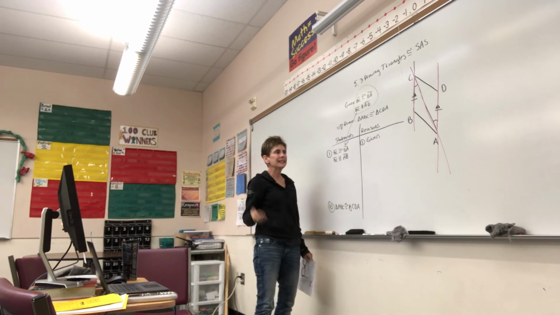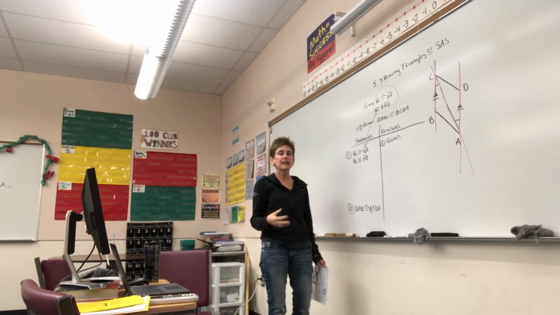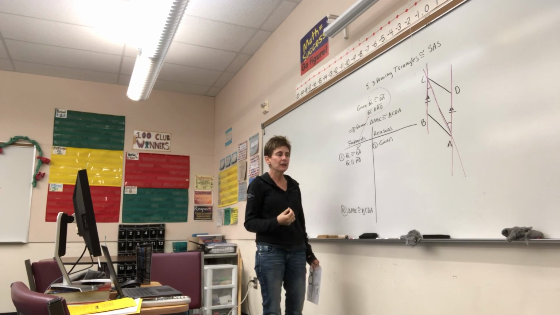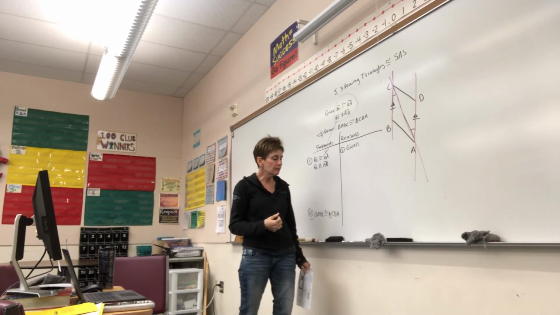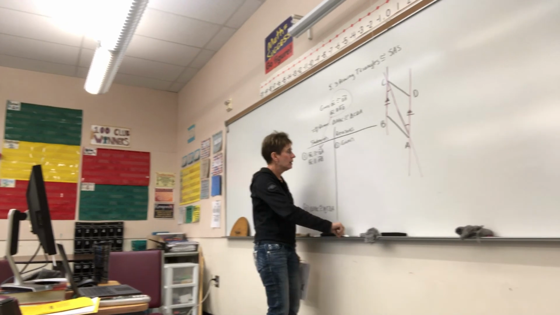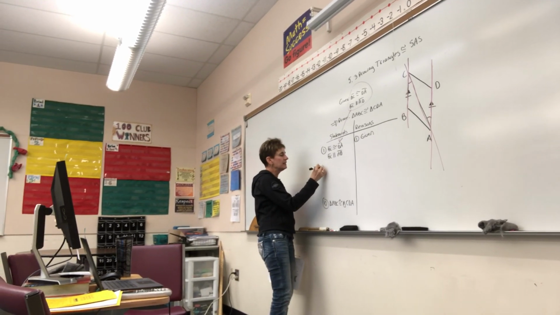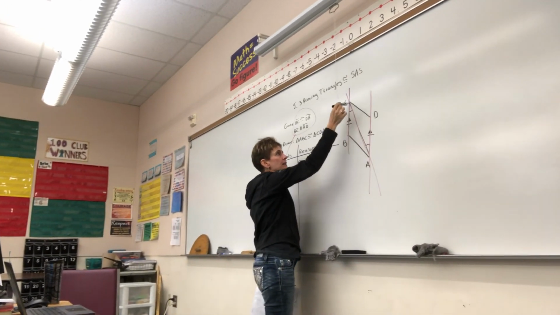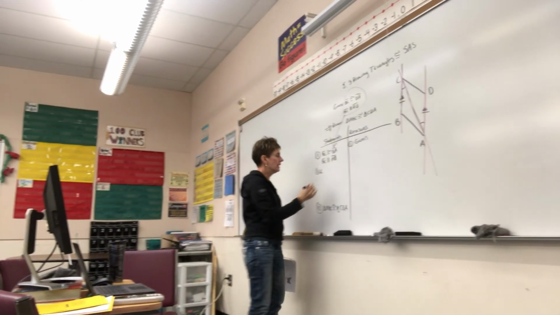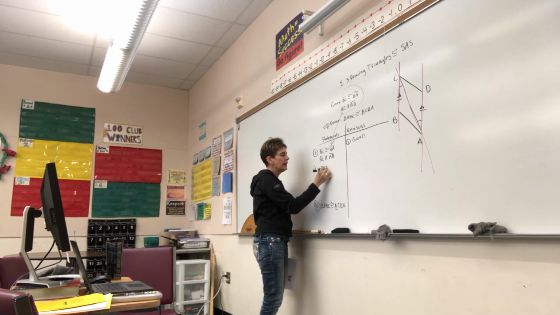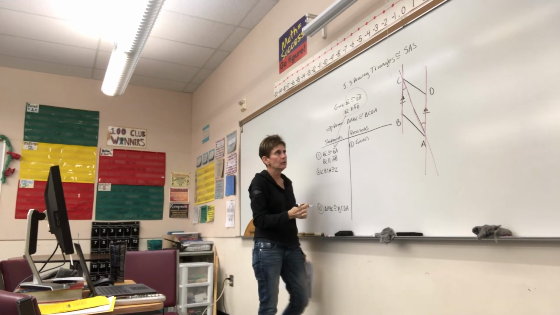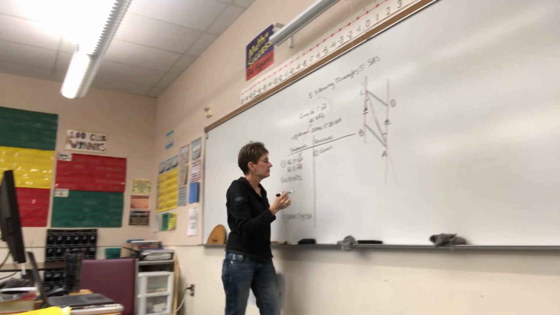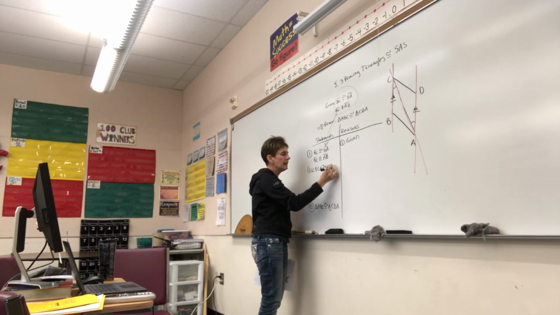Now I can't just say C is congruent to A, because there's actually three angles that have C as a vertex and three angles that have A for a vertex. So we have to be very specific. We have to say, for our second step, angle BCA is congruent to angle DAC.